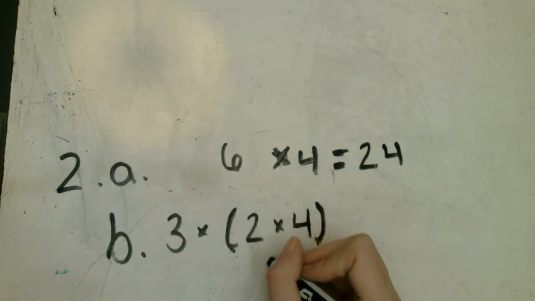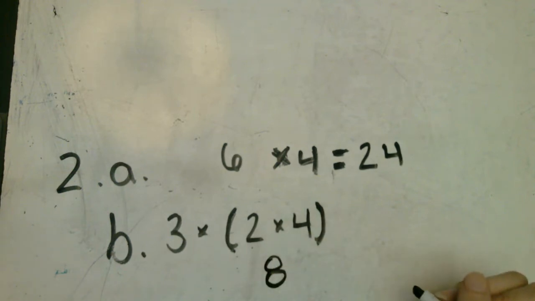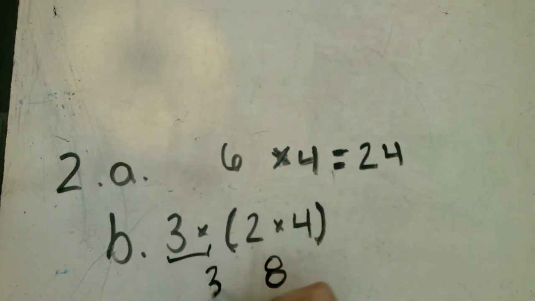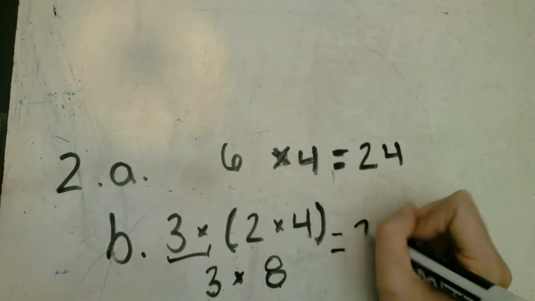Good, 8. 2 times 4 is 8. I'll write it beneath this time. Let's bring down the 3 times because we haven't used it yet. What's 3 times 8? Shout it out in 3, 2, 1.